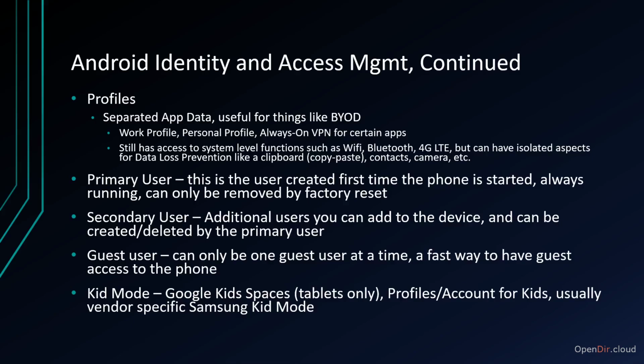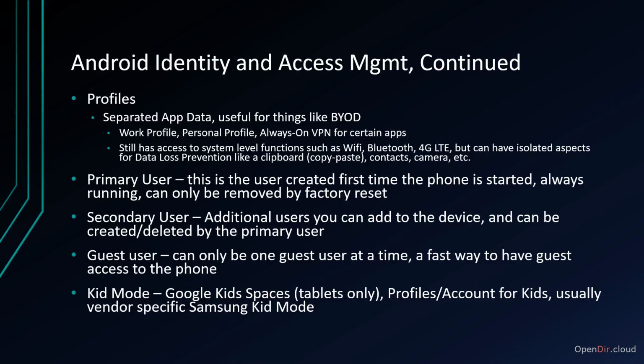Some other interesting things to keep in mind about the Android Identity Access Management practices: there's this cool thing called the primary user, and this is actually a user that is first created when the phone is started. This user is always running in the background, and it can only be removed by factory reset. Not necessarily something we'll be taking advantage of in this course, but it is something interesting to know about how user accounts are assigned when the phone is first booted up.